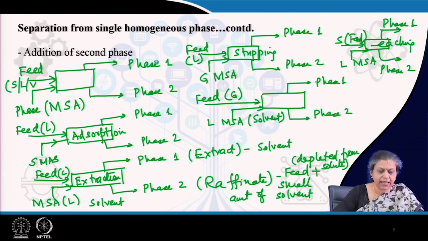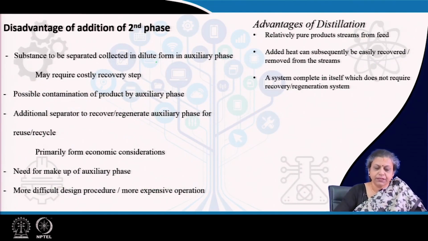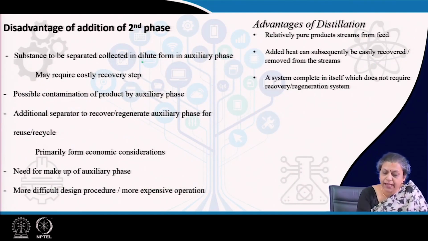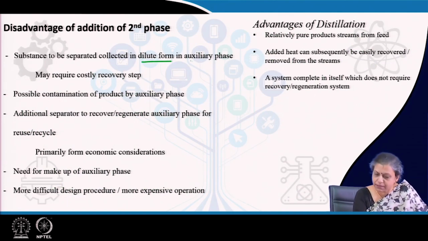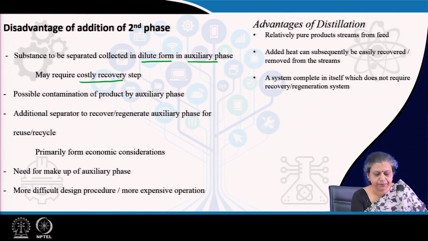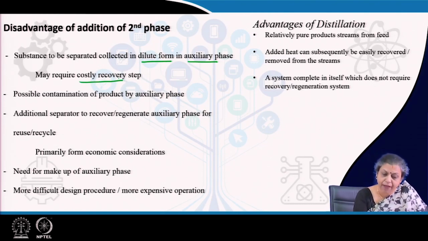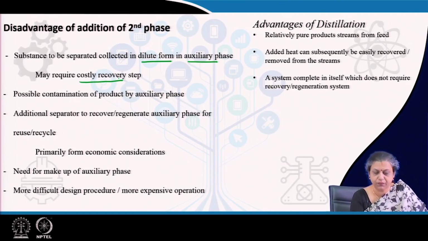So, the product that we get is definitely in a much more dilute form in the MSA, or in the auxiliary phase. Therefore, if we need to remove the product from here, we may encounter a costly recovery step, which we definitely have to keep in mind when we design the process by addition of a second auxiliary phase.